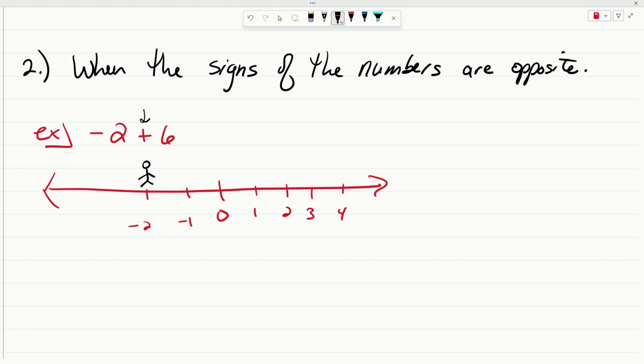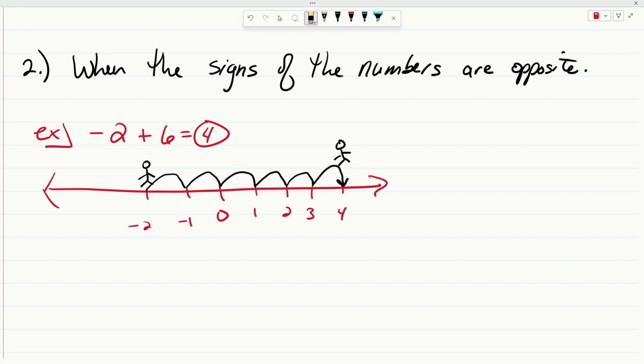And it's going to tell you go to the right 6 units. So 1, 2, 3, 4, 5, 6 units. So when you look at this, negative 2 plus 6 is positive 4. But not everything can be nice and neat where you can just instantly draw a number line real fast and call it a day. All right?